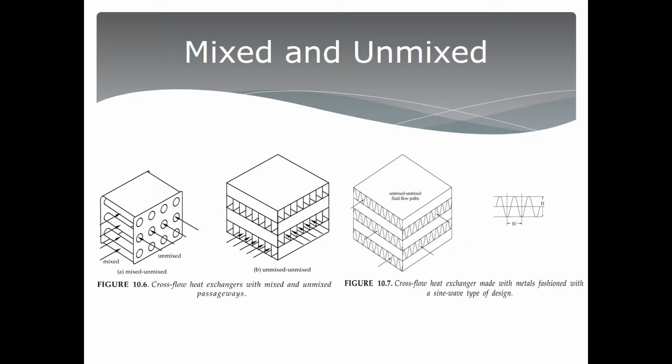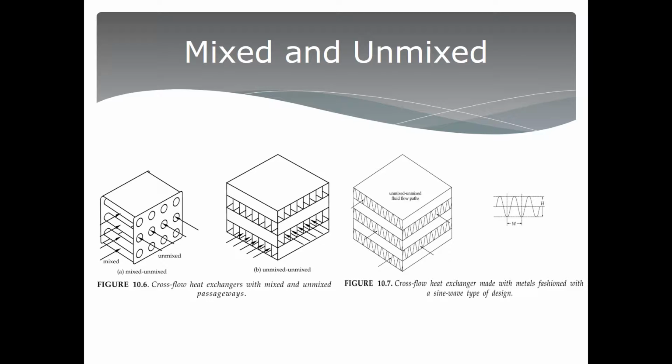Figure 10.6 shows examples of cross-flow heat exchangers that contain mixed and unmixed flow passageways. Figure 10.6a shows a mixed-unmixed system, and figure 10.6b shows an unmixed heat exchanger. Figure 10.7 shows an unmixed cross-flow heat exchanger in which the metal used is made into a shape reminiscent of a sine wave.